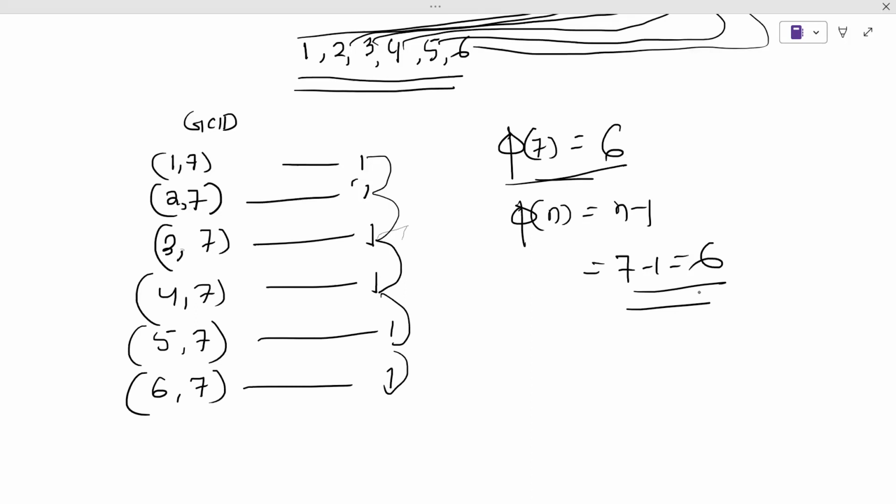When it is a composite number, what happens? Suppose phi 8.